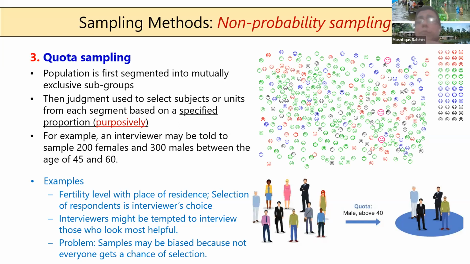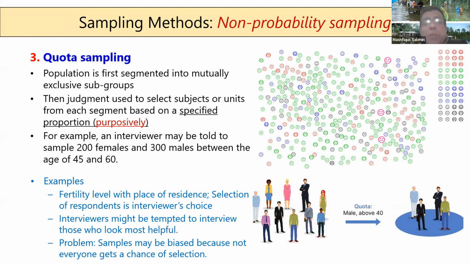You can categorize them in terms of their gender, male or female, their place of residence, religion, whether they're Muslims, Hindus, or Christians, education level, how many of them are graduates, how many have had primary education, and so on.